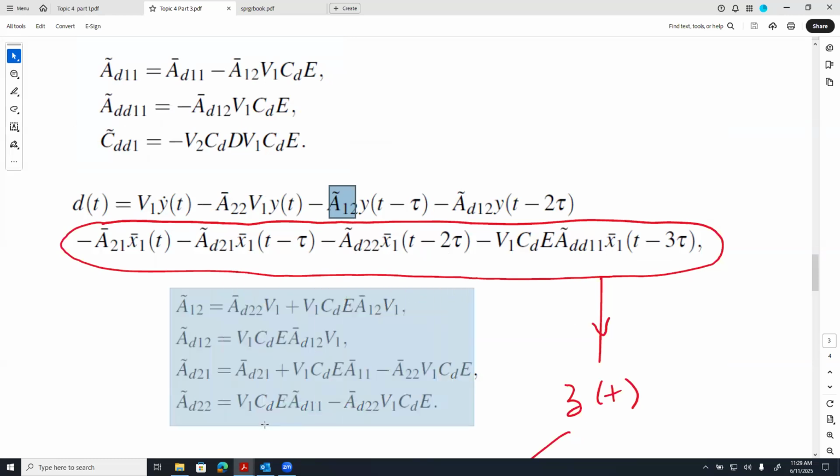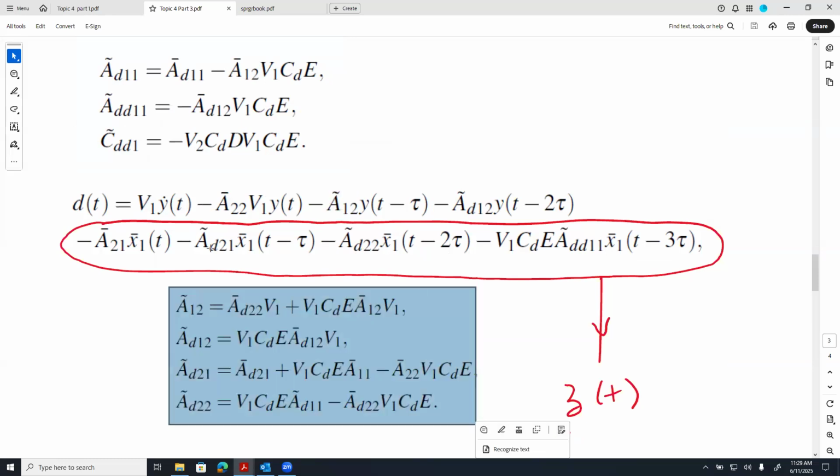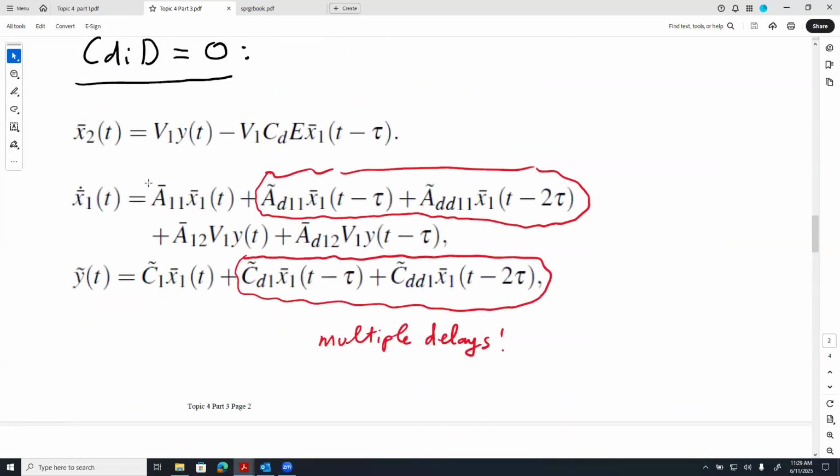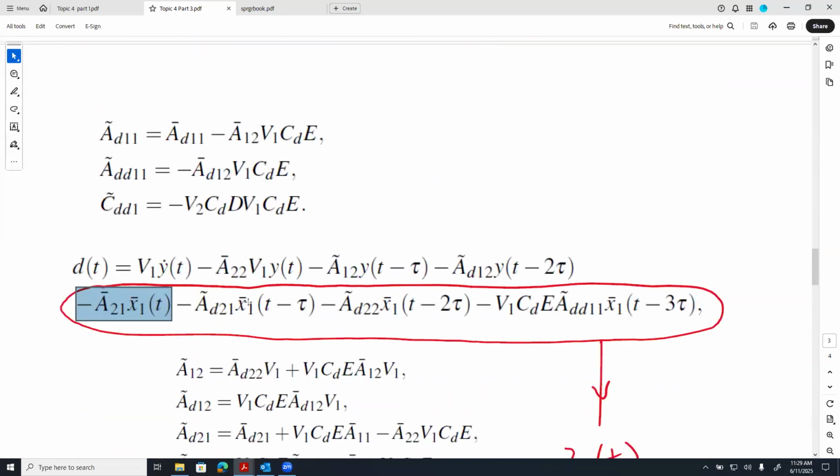So they are all known terms in this expression. Now, the thing that we'd like to stress in here, have a look at this term, which is the linear combination of the reduced stack vector x bar 1 of t of that time delay system. Not only one delay term, we got two delays, and then we have three delays. Have a look at that.